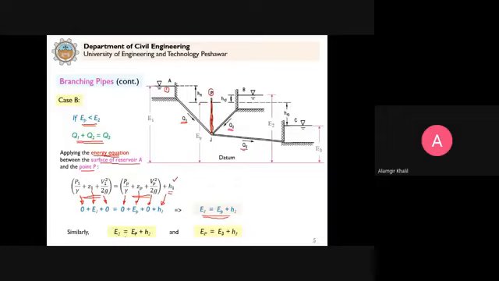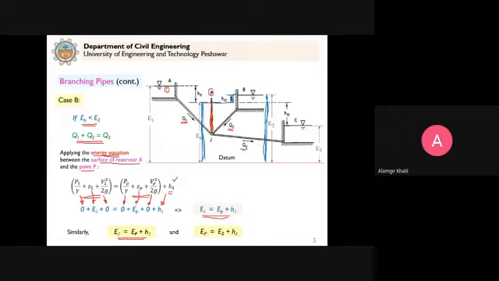Similarly, if you proceed, in this case we will have E2 equal to EP plus H2. You can see here this is E2 from here to here, and this will be equal to H2, and then this is EP.